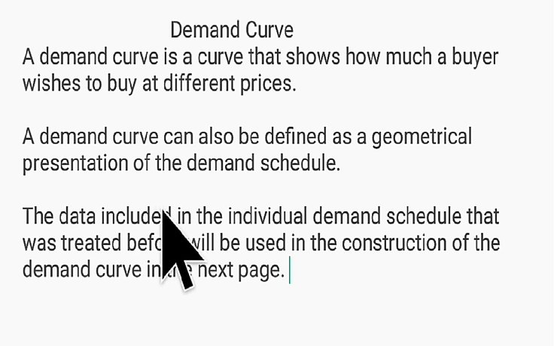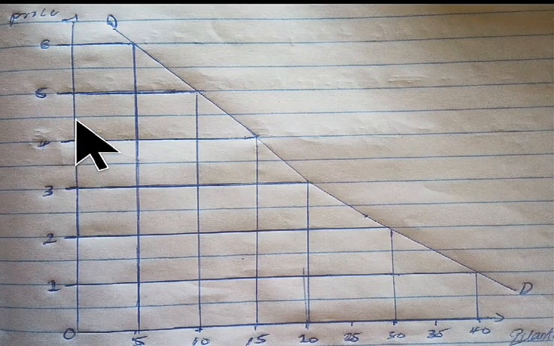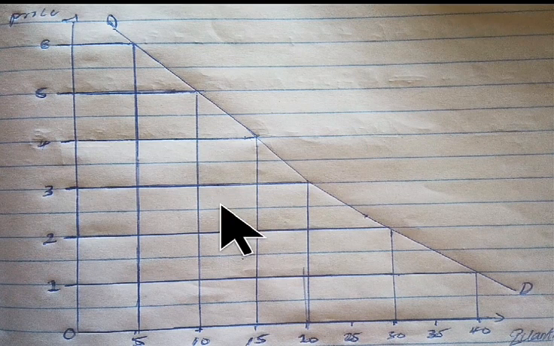The data included in the individual demand schedule that was treated before will be used in the construction of the demand curve in the next page. The geometry here is the demand curve of an individual demander or consumer. We have our right angle triangle. We have our downward sloping demand curve, which slopes from left to right for normal goods. And at this juncture, we assume that the good is normal.